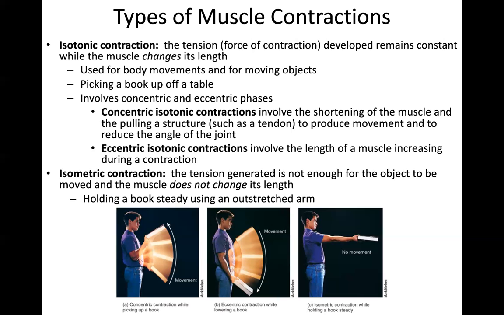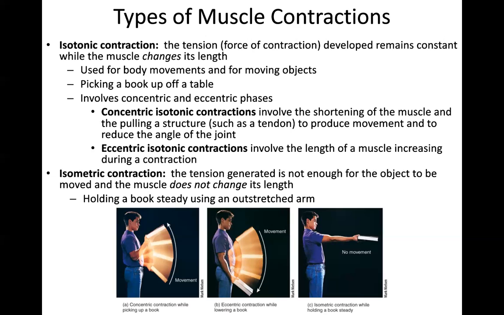So like holding a book steady using an outstretched arm, or, I always tell students, if you've never done one of these, do one at home: a wall sit. Do you know what a wall sit is? Get up against the wall, get into a squat, like you're sitting in an imaginary chair, and just sit there for 10, 30, 40, 50 seconds. You'll know after a few seconds. Or like a plank.